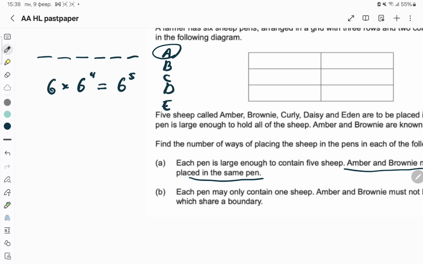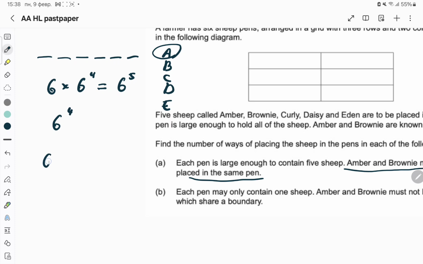And now let's consider the restriction. Now from this amount we are going to subtract our restriction. In this case, the restriction is what? The restriction is A and B are in the same place. It means that 6 to the 4 is the number of options for A only, right?